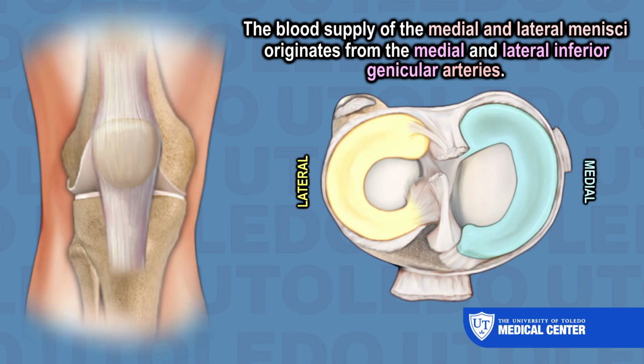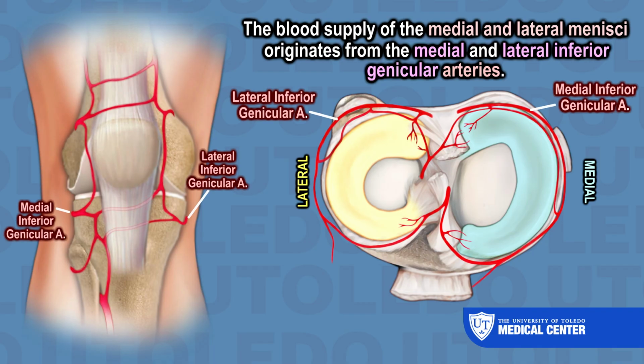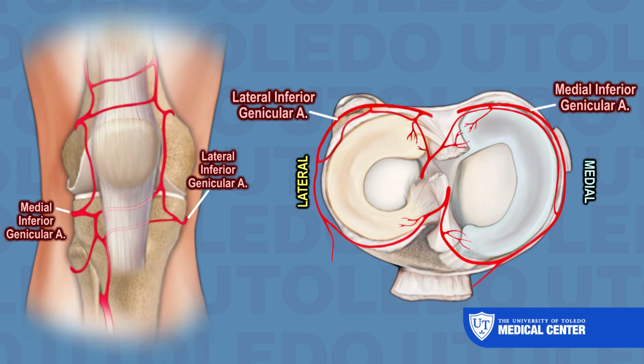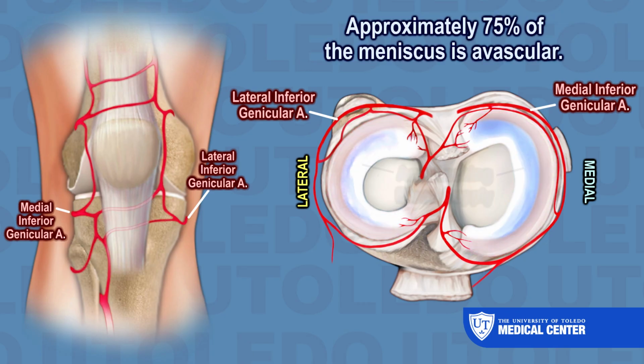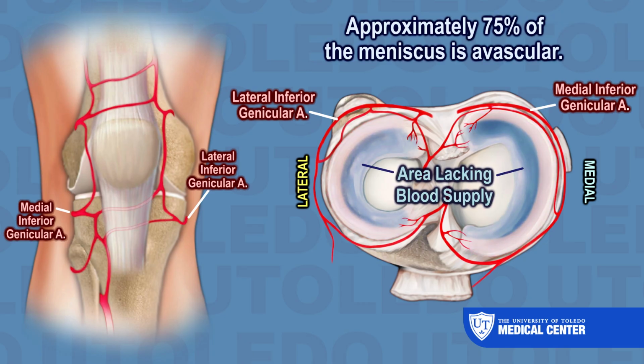The blood supply of the medial and lateral menisci originates from the medial and lateral inferior genicular arteries. The medial inferior genicular and the lateral inferior genicular arteries supply approximately 20 to 30% of the meniscus peripheral area with blood supply. Approximately 75% of the meniscus is avascular.